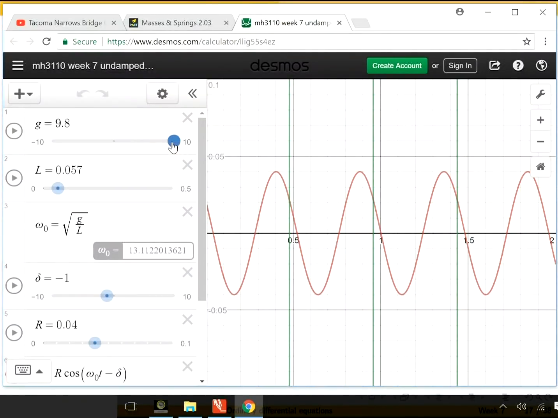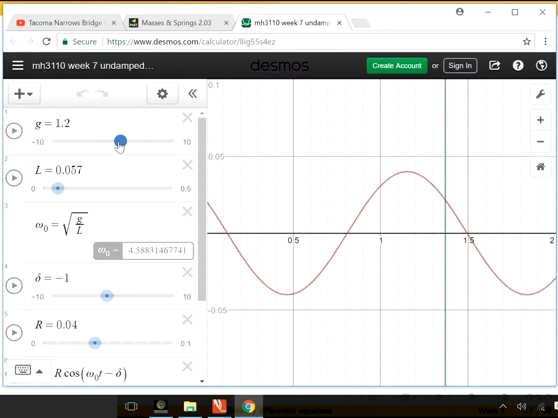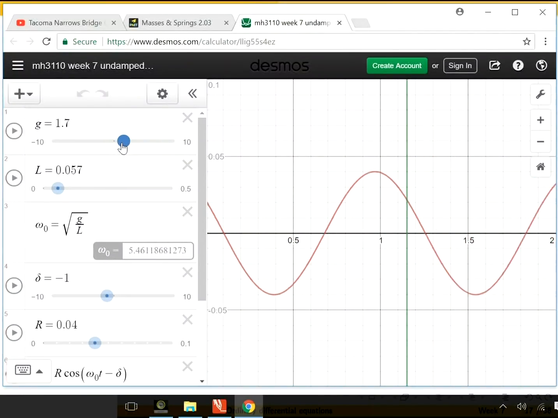For example, you can change the acceleration due to gravity from 9.8. Imagine that, I don't know, you are going to the moon. Then the acceleration of gravity is going to be 1.6 or 1.7.